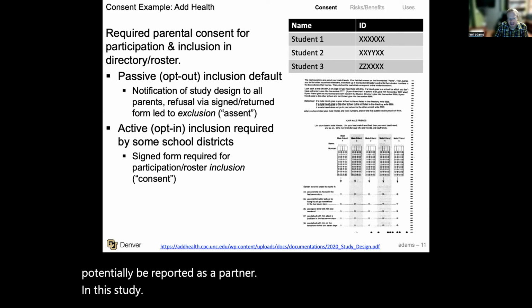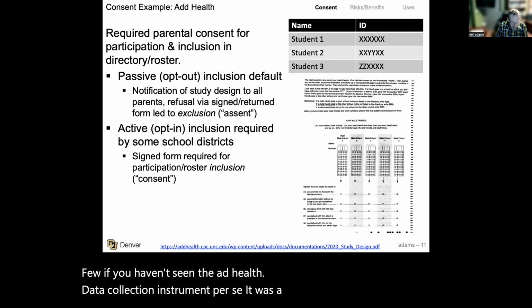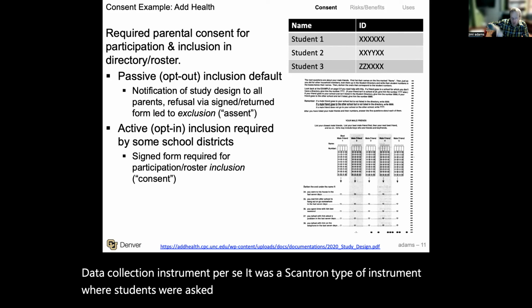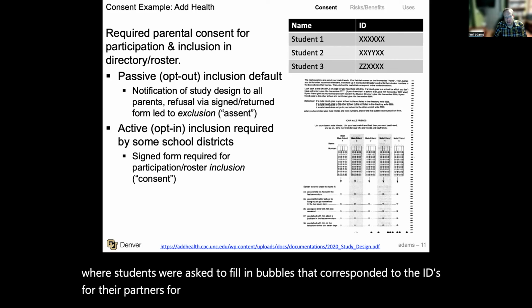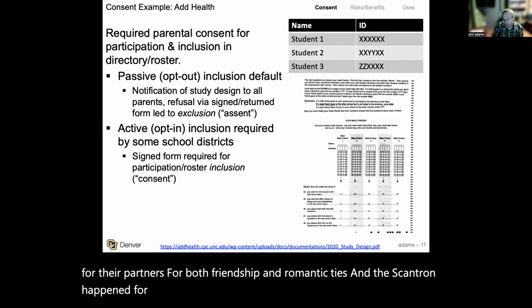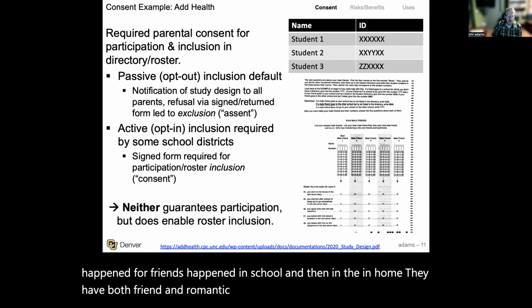If you haven't seen the AdHealth data collection instrument per se, it was a Scantron-type instrument where students were asked to fill in bubbles that corresponded to the IDs of their partners for both friendship and romantic ties. The Scantron for friends happened in school, and then in the in-home interview, they had both friend and romantic tie nominations.